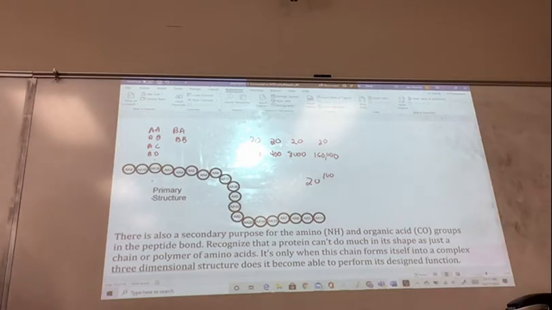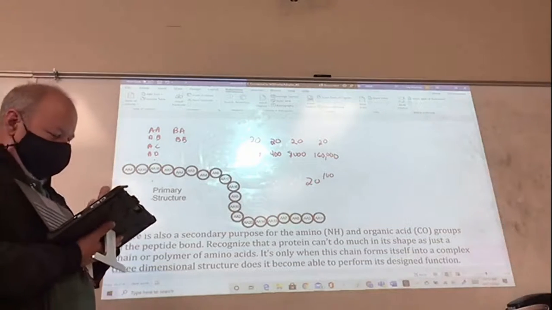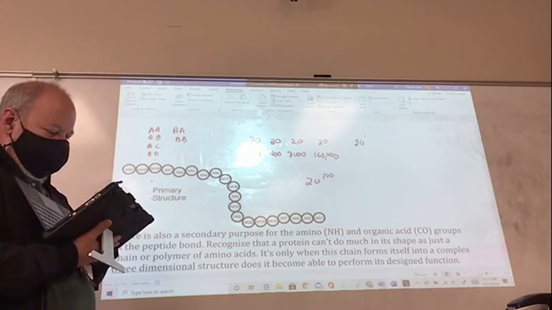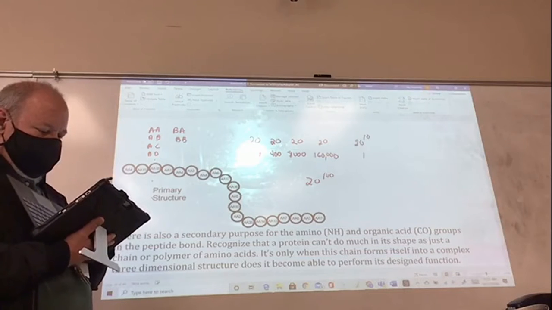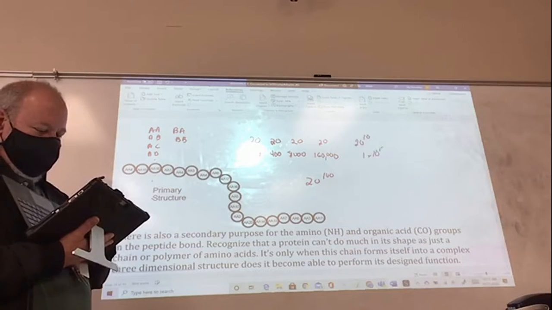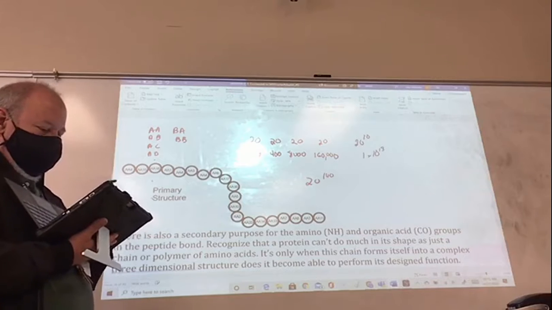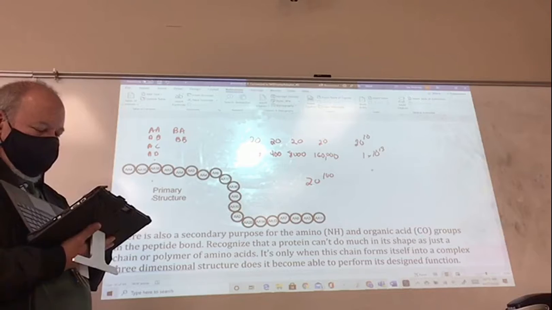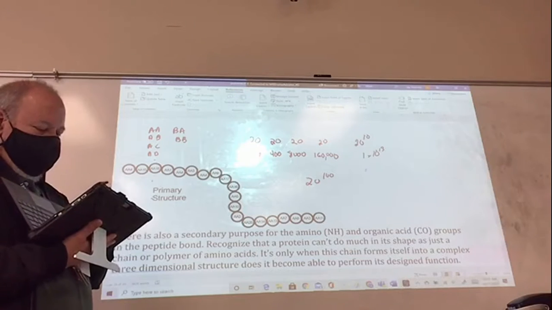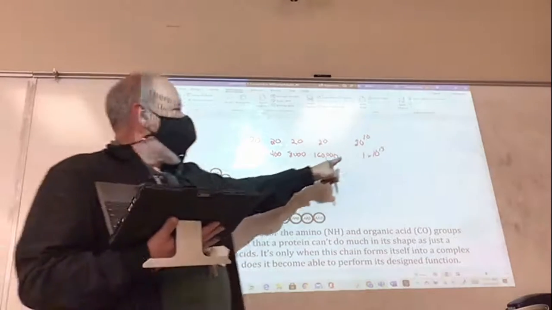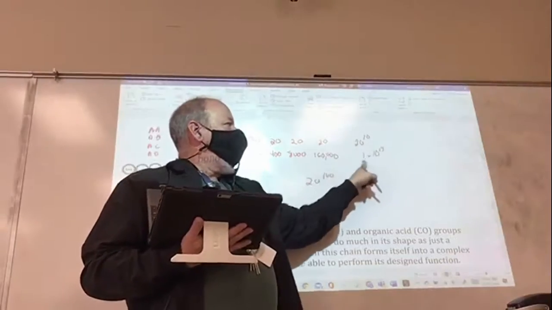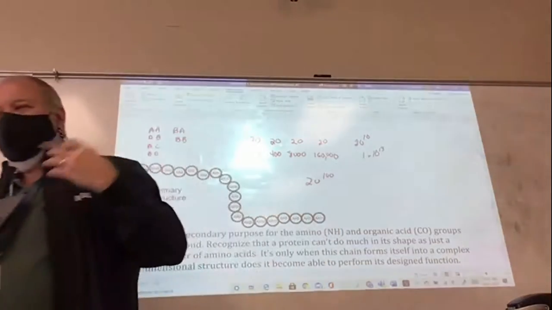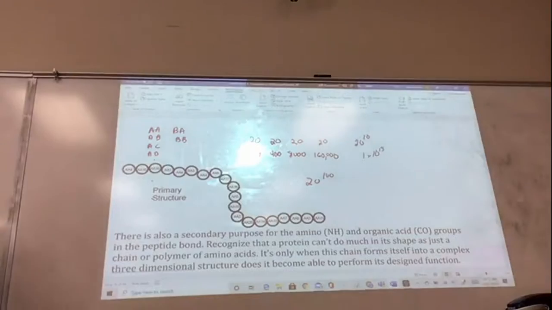I was just checking to see: 20 to the 10th power is 1 times 10 to the 13th proteins. So that's about a quintillion. So even just 10 amino acids gives us the possibility of about 1 quintillion different proteins.